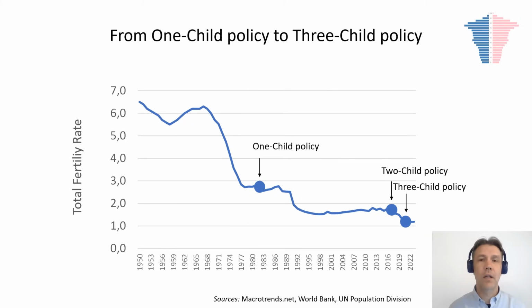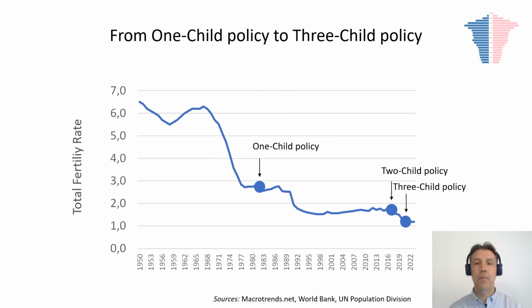In this context, it's not surprising that China has abandoned its one-child policy. Rather, it's surprising why the Chinese government stuck for so long to this policy. However, in 2015, officially, we can say that the one-child policy ended and a two-child policy was introduced, and since 2021, China is talking about a three-child policy.